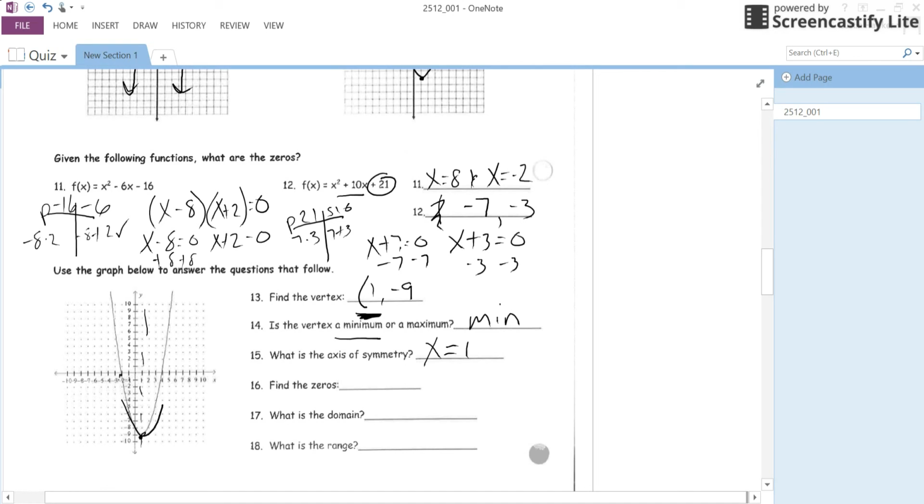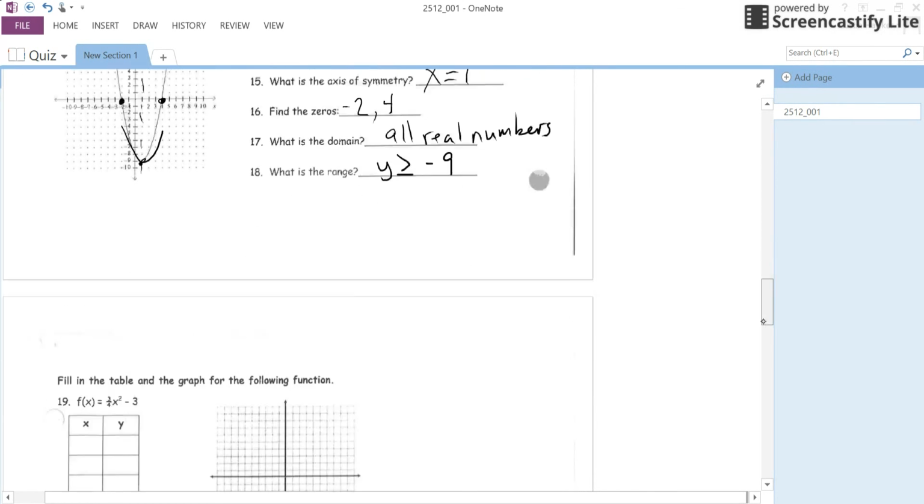My zeros, where it crosses the x-axis, are -2 and 4. Domain, remember, is always all real numbers. Okay, and the range is y is greater than or equal to, since the number is bigger than my minimum there, so it's negative. Okay, let's go to the next page.